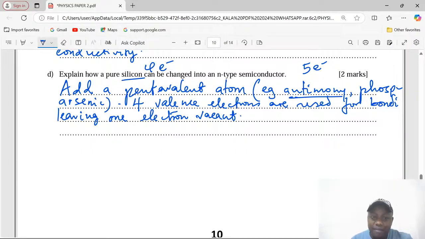Now, you've discovered that silicon requires only 4. So 4 will be used for bonding, but there will be an extra electron, which we are calling a vacant electron.